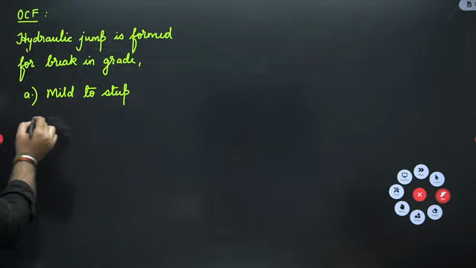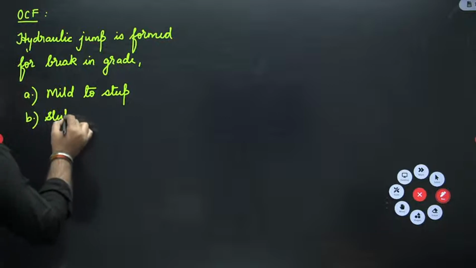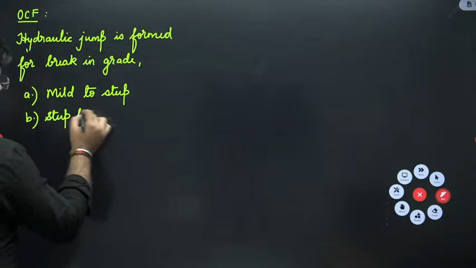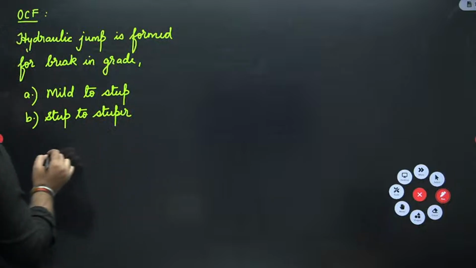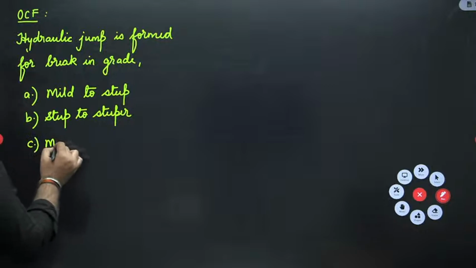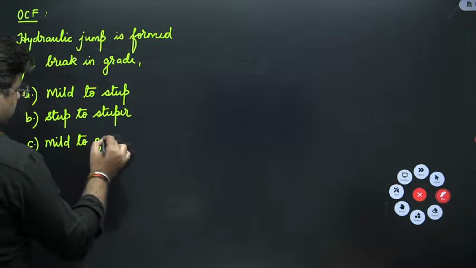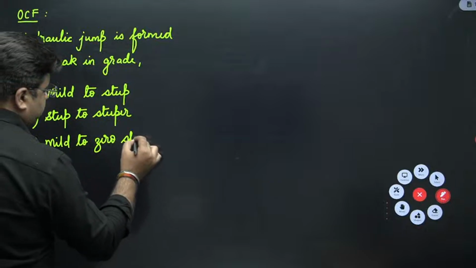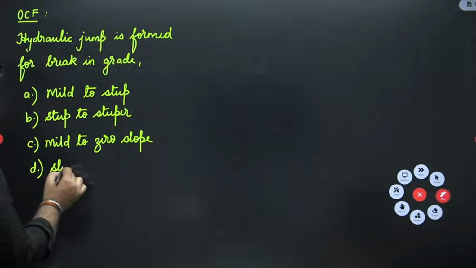Then second one is steep to steeper. Then third one is mild to zero slope. Then fourth one is steep to milder, steep to mild.